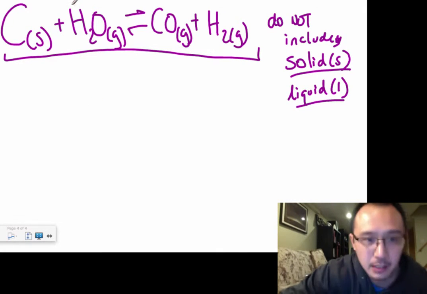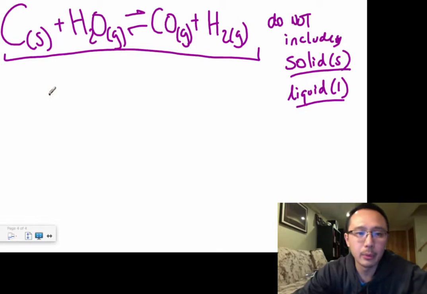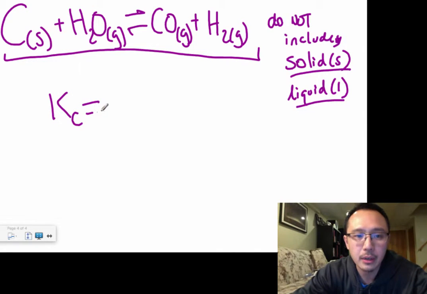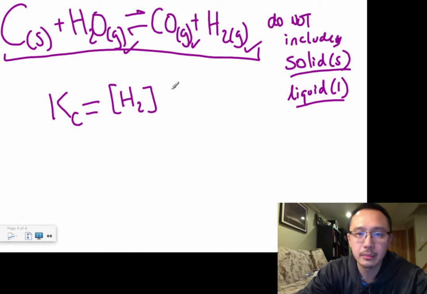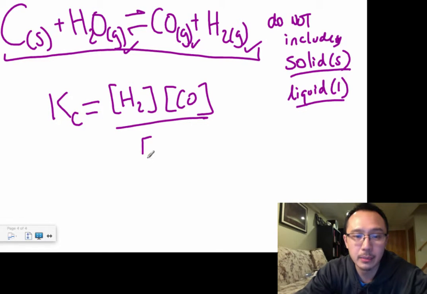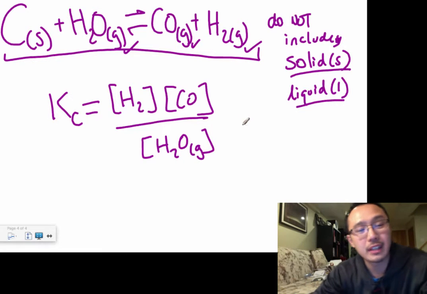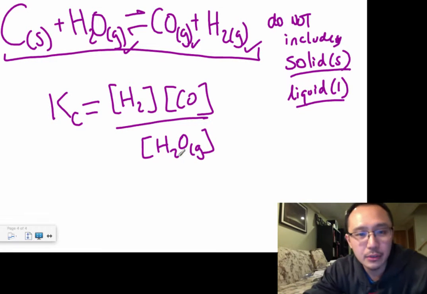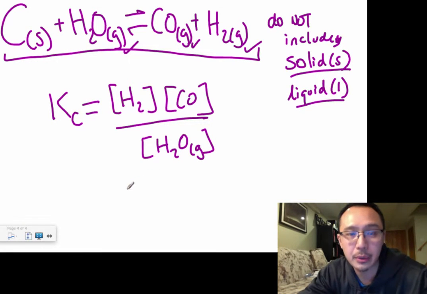For this one, because we have a solid for carbon, Kc is equal to the ones with the gas states, which is this one and that one. You can see that it's quite simple. You have H2O, and this one is gas for some reason for H2. I guess it's just a vapor, but that's your equilibrium constant.